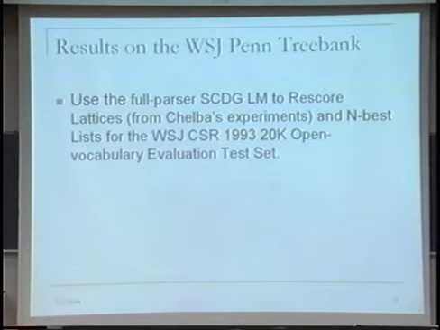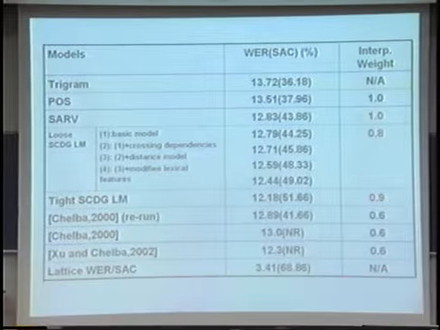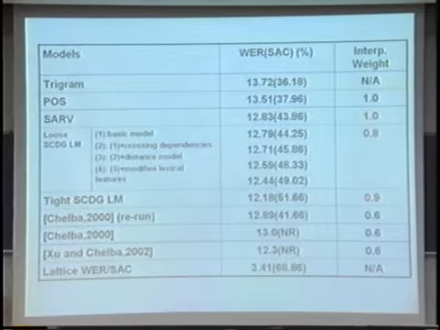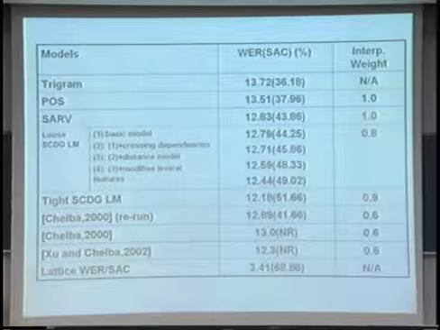We use the SCDG, or statistical CDG language model, the full one, to rescore lattices, and we compare them to several others. Again, this table is very similar to what I presented before with the super ARV. The super ARV model that we present here is essentially the same super ARV model that we had talked about before.